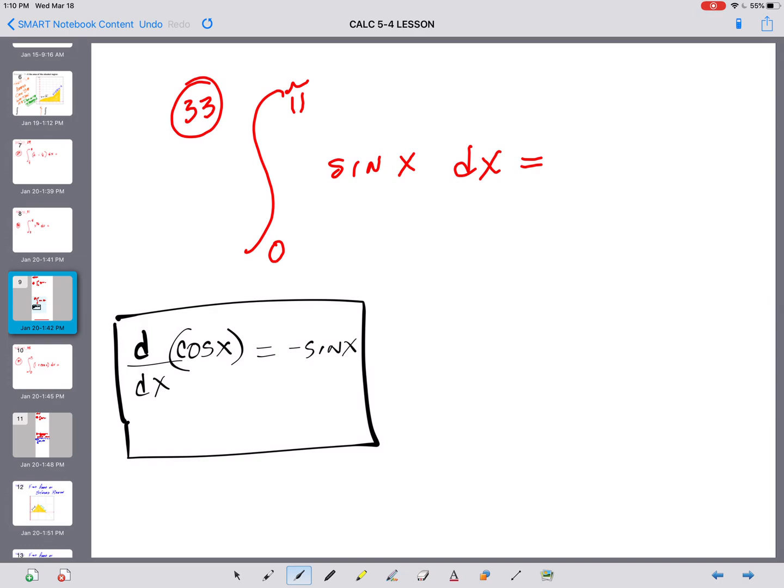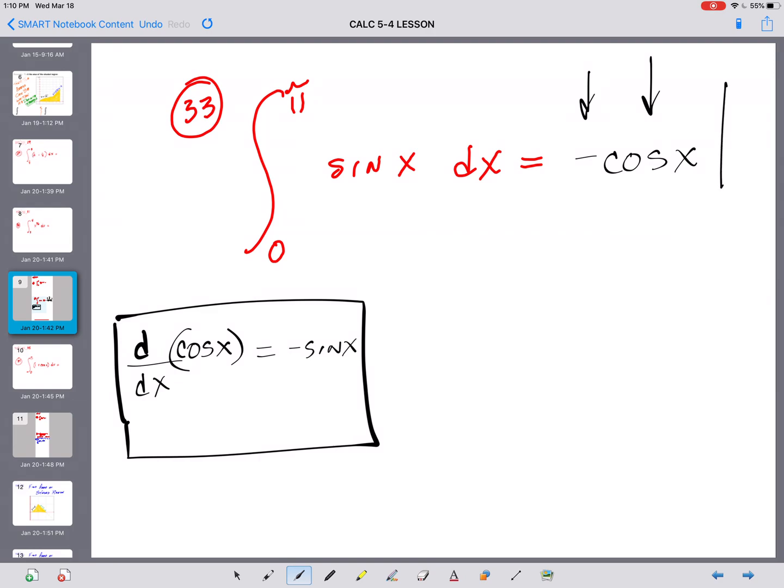So we're going to have negative cosine of x. And again, the reason is when you take the derivative of just cosine of x, you get negative sine of x. So negative sine of x times this negative will give you the positive sine of x. That's the antiderivative of sine of x.